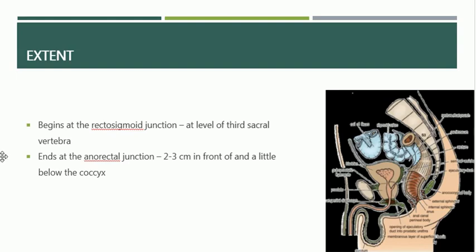It ends at the anorectal junction, which is about 2 to 3 centimeter in front of and a little below the coccyx. Here you can see this is the coccyx, and just below that is the anorectal junction. So it ends at the anorectal junction, about 2 to 3 centimeter in front and a little below the coccyx.